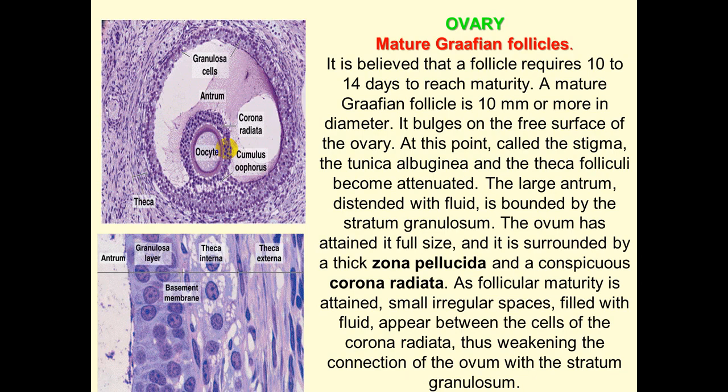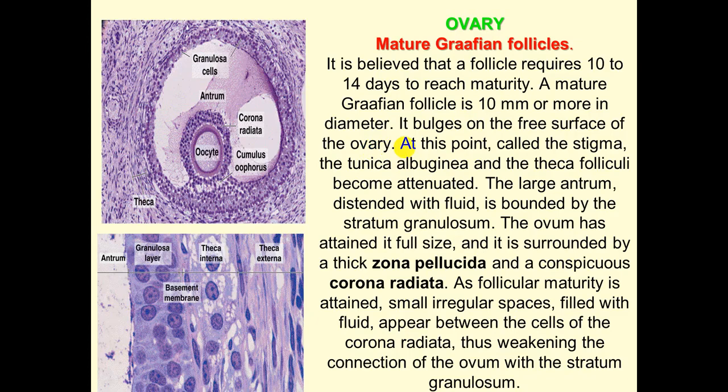And the mature follicle, the tertiary follicle, is also called the Graafian follicle. Synonyms: Graafian follicle, or the next synonym, pre-ovulatory follicle. And in the human ovary, the size of this follicle may be up to 10 millimeters in diameter, or sometimes even more. It bulges on the free surface of the ovary, and this region of the ovary is called the stigma.